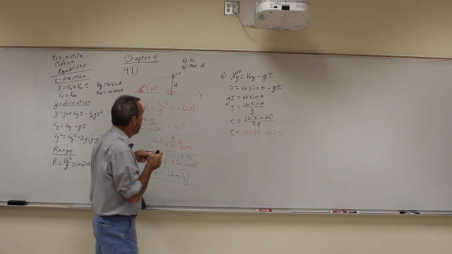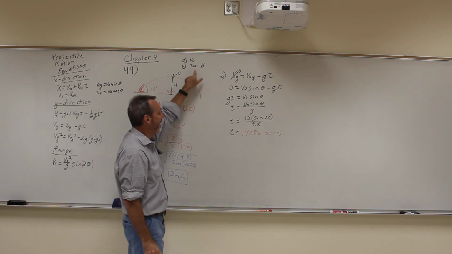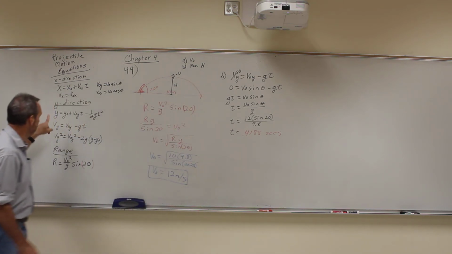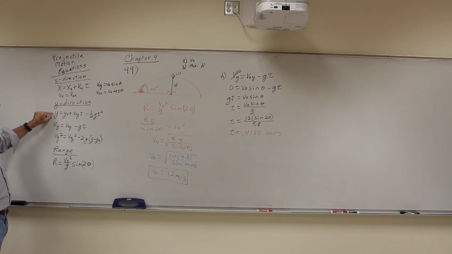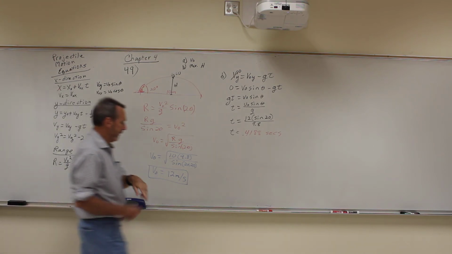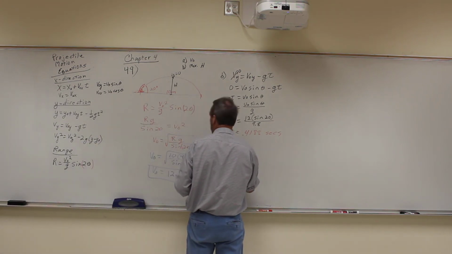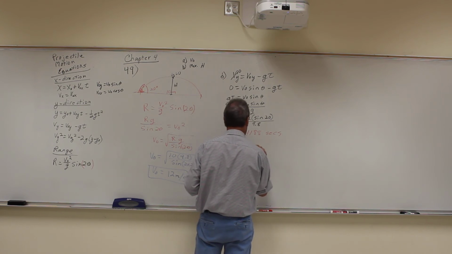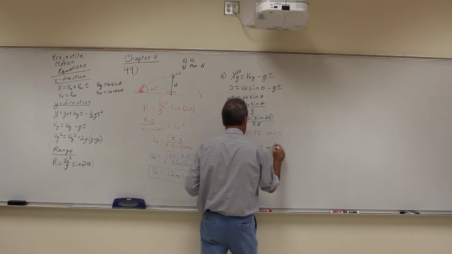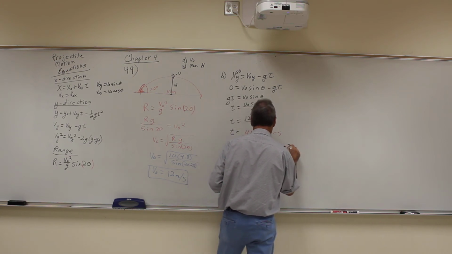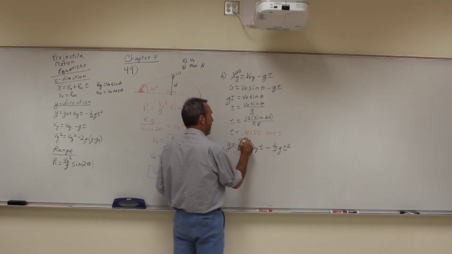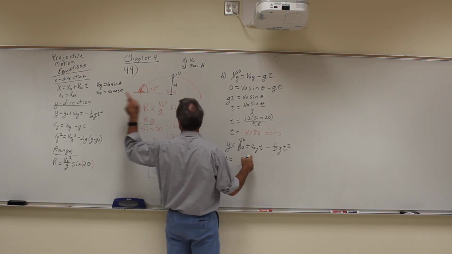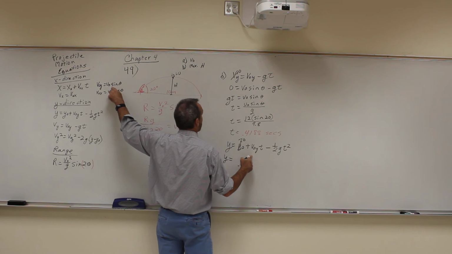So now I say, okay, what I'm trying to find is the maximum height. I know the time, so I can just plug it into this equation because I'm trying to solve for y, height. So y is going to be equal to y naught plus v naught y t minus 1/2 gt squared. Well, y naught is 0. The initial velocity in the y direction is going to be v naught sine theta.